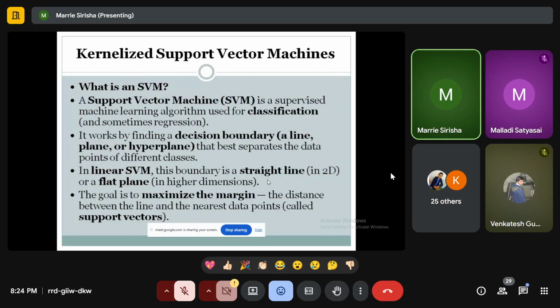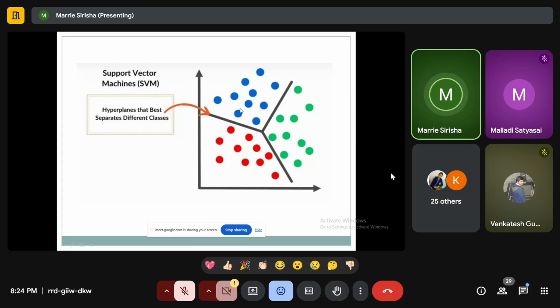Okay. So why are we using SVM? To maximize the margin. Maximize the margin is nothing but the distance between the line and the nearest data points. We use SVM to separate these data points. In classification problems, with 2 or 3 categories it can be done simply, but if there are multiple categories, it requires more advanced algorithms than a simple algorithm.